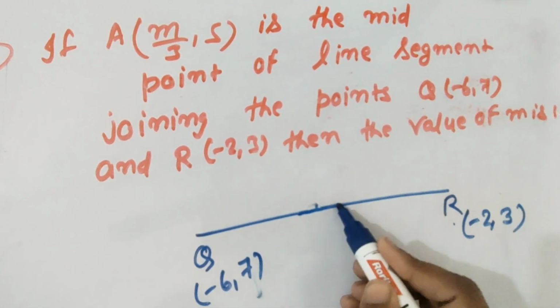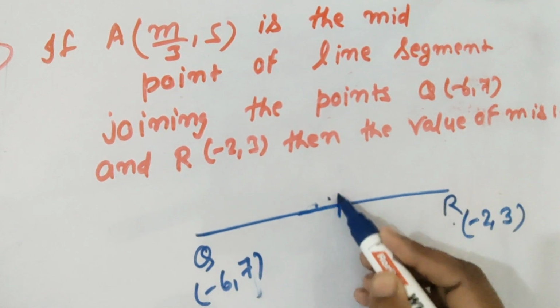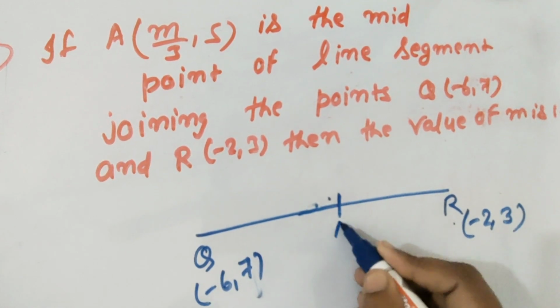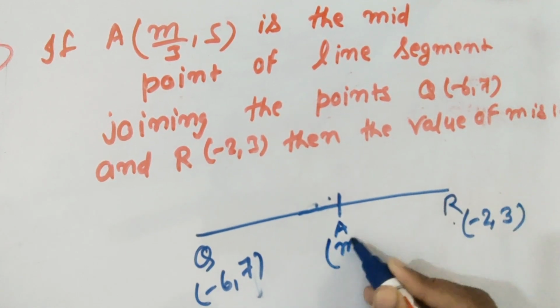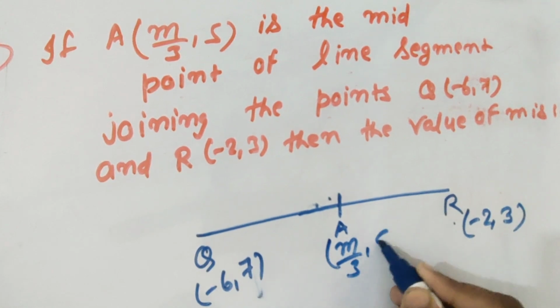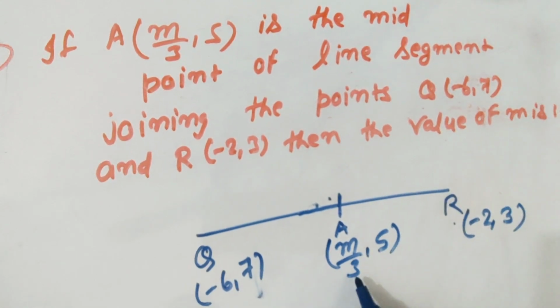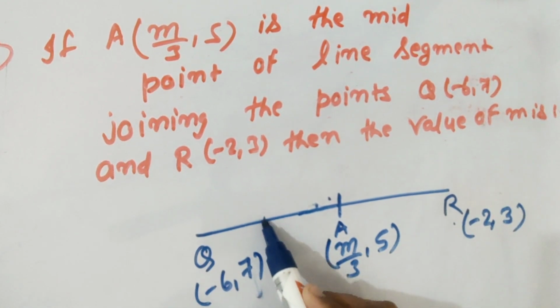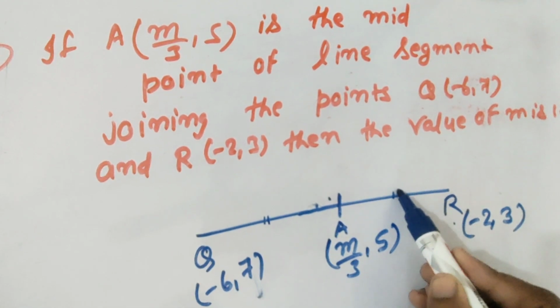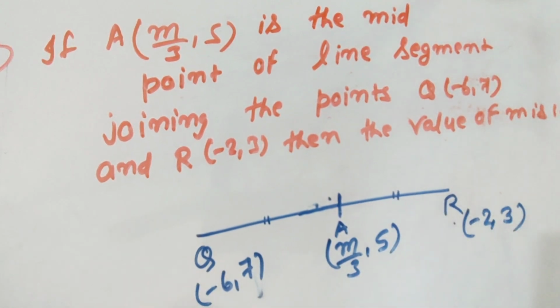Midpoint means it divides the line into two equal parts. Point A is given as (m/3, 5), so the x coordinate is m/3 and the y coordinate is 5. Then we find the value of m.